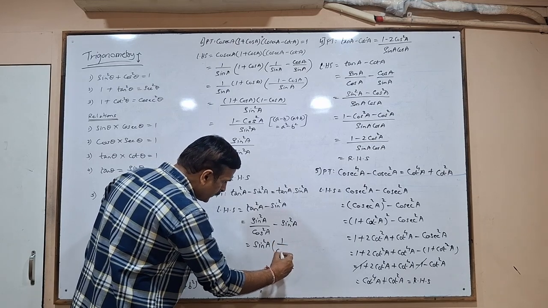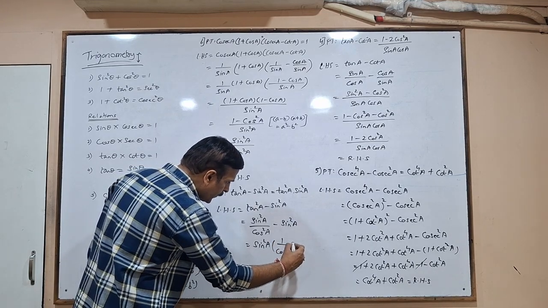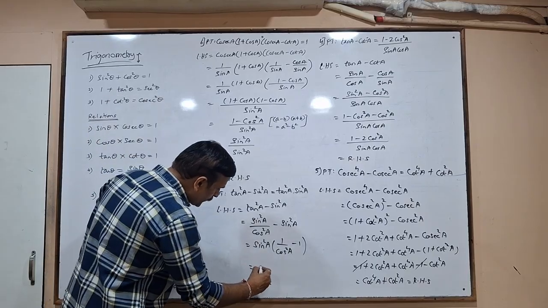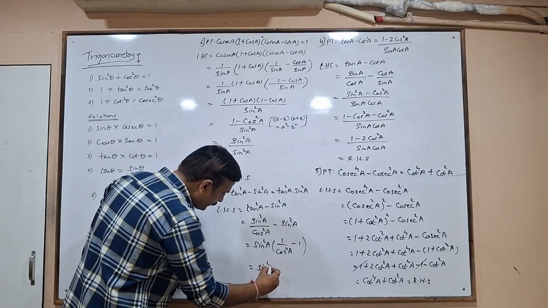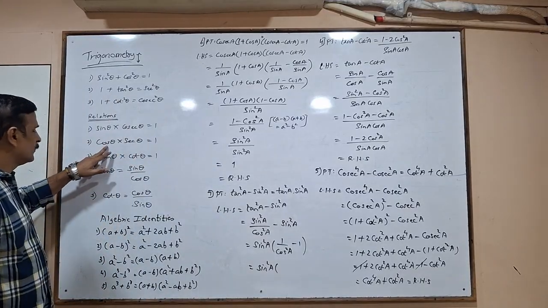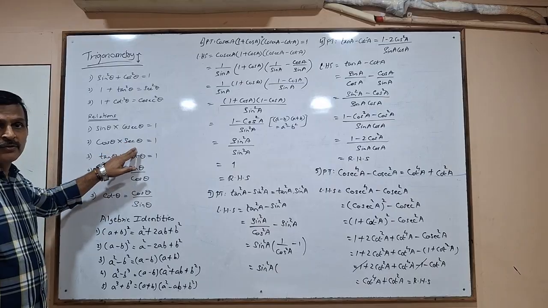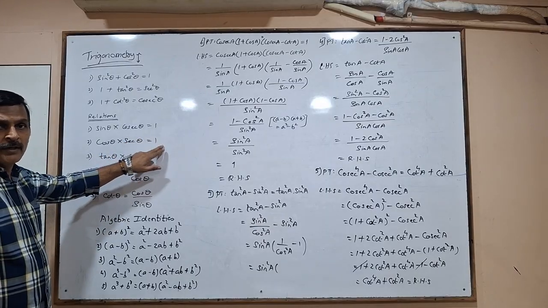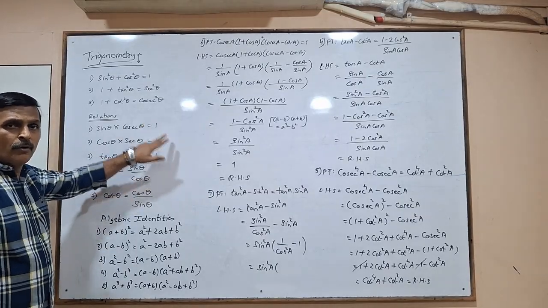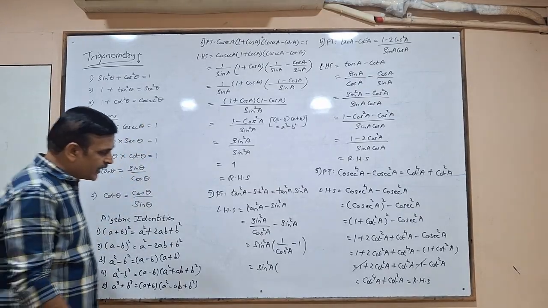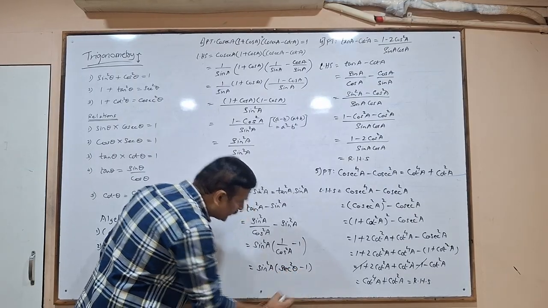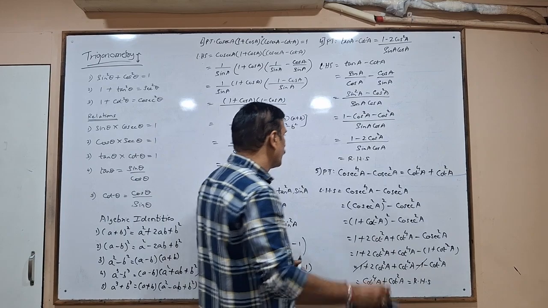What remains is 1 upon cos square A minus 1. We know 1 upon cos theta is sec theta, as per the relation cos theta into sec theta is 1. Similarly, 1 upon cos square theta is sec square theta. So I can write this as sec square theta minus 1.